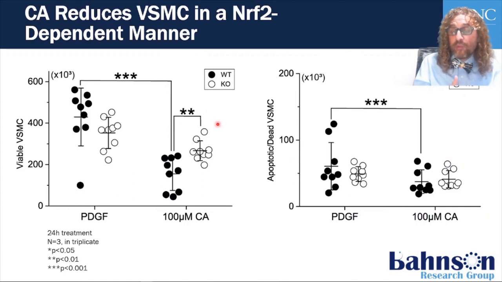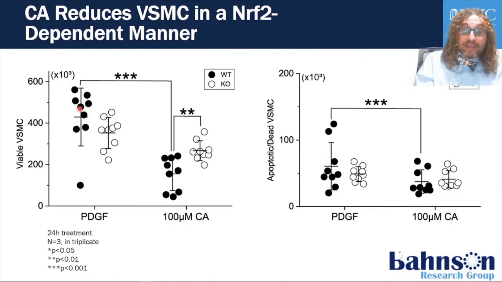So the first thing, we repeated the viable cell assay, but comparing what happens in wild-type versus knockout animals. And as expected, in wild-type animals, as I had shown you before, cinnamic aldehyde reduces the number of viable cells, and that reduction does not happen in knockout cells, suggesting that the inhibition of cell proliferation is Nrf2 dependent.